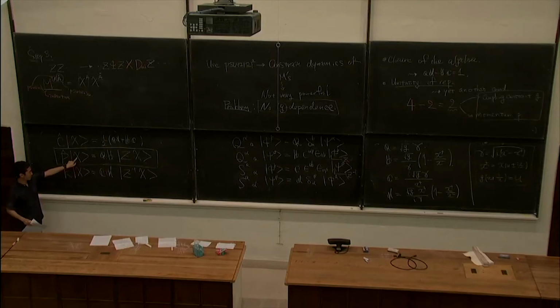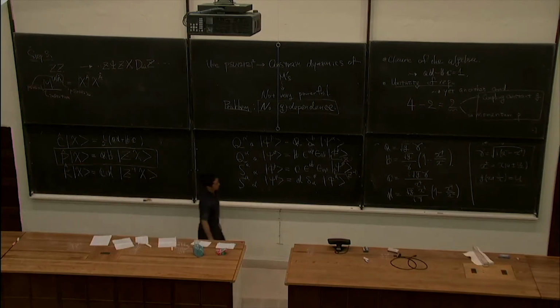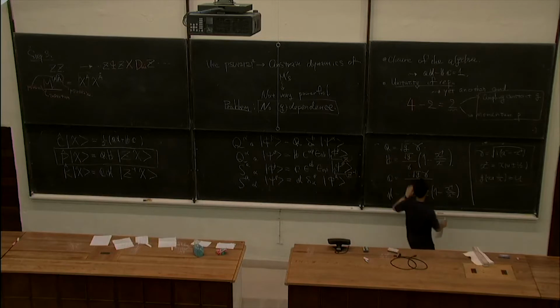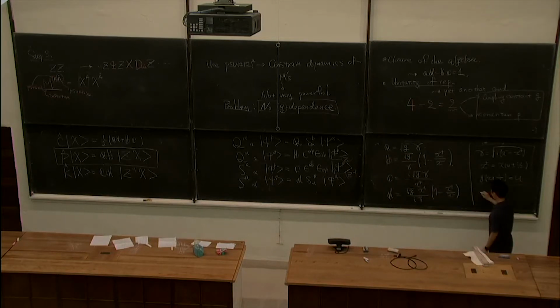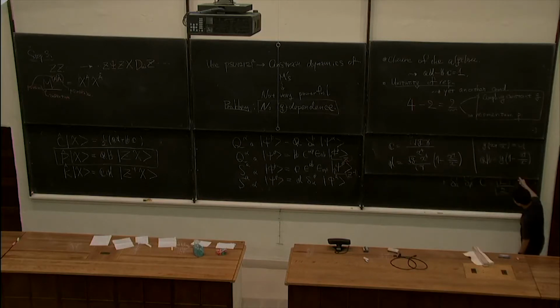The action of P hat I determined by the commutation relation to be A times P. And if you just multiply A times B, what you get is A times B is g times 1 minus x plus over x minus.